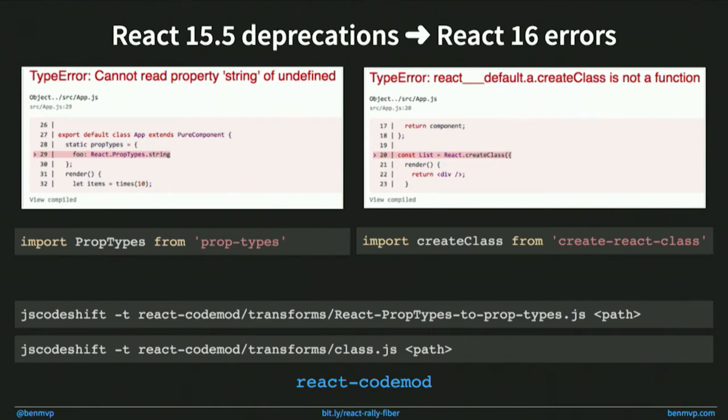So you now need to import the prop-types library. You also need to import the create-react-class library for using createClass still. And there are code mods to be able to do those as well, so you can easily change your code so that you don't have to manually do it yourself, but it's a warning to know that those deprecations become errors. And I imagine that part of the reason why the React library got smaller is because they pulled those things out into separate libraries.